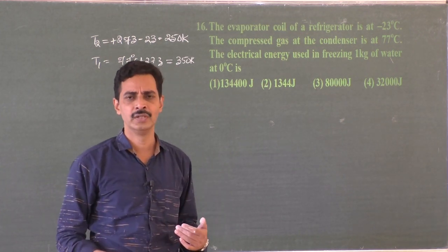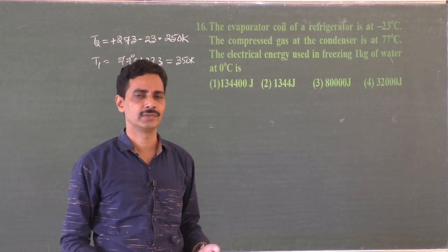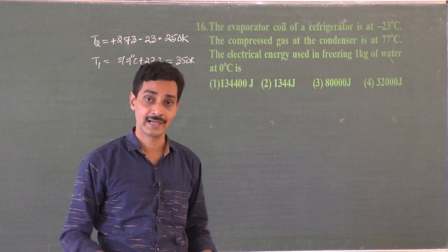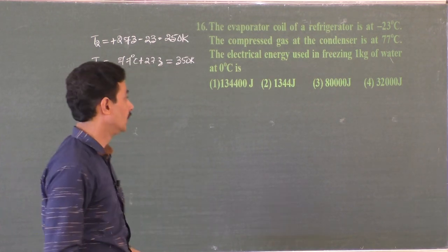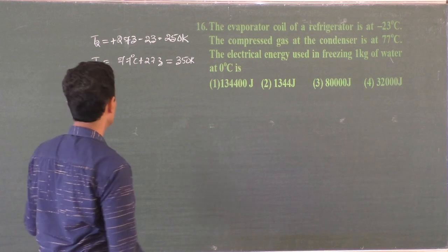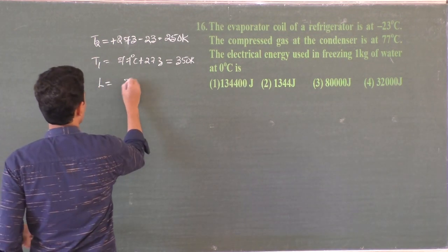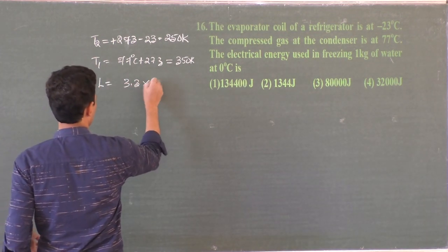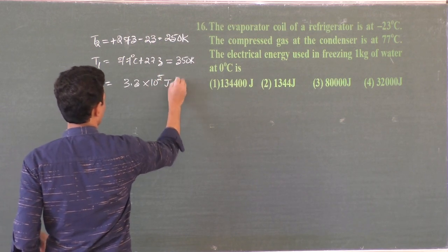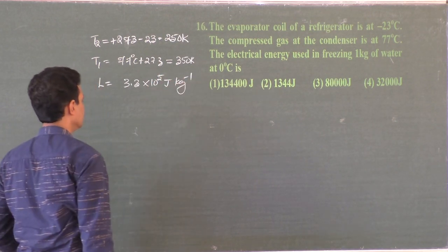You know the latent heat of fusion of ice: 3.36 into 10 to the power 5 joules per kg.